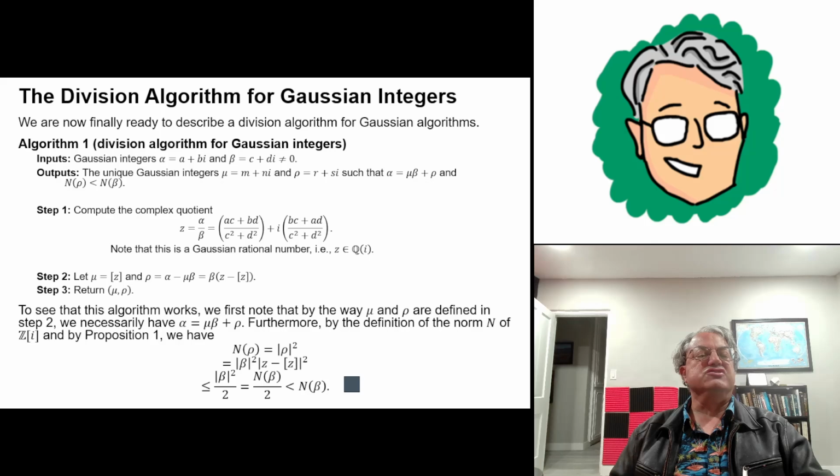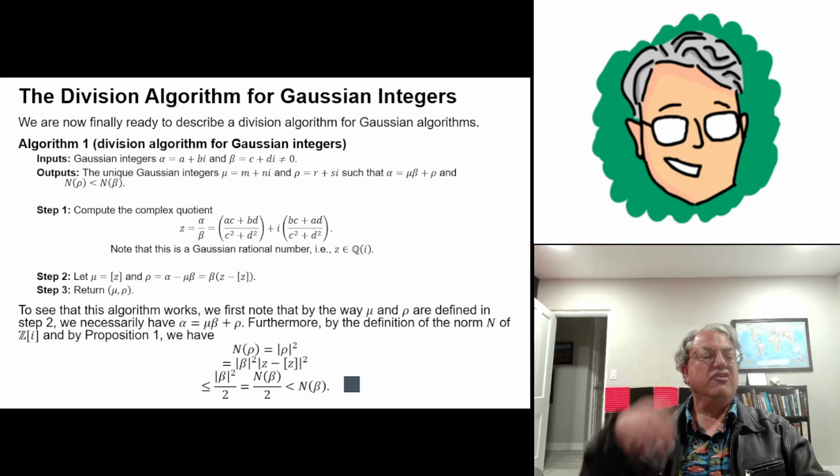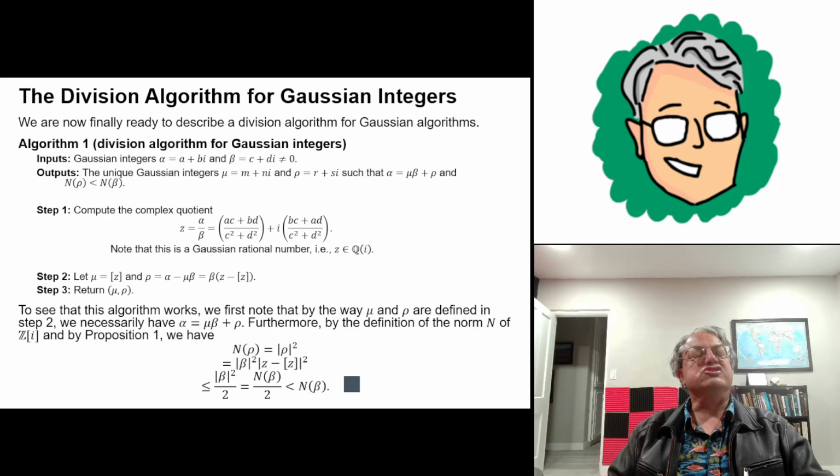So this is the division algorithm for Gaussian integers. Our input is two Gaussian integers, alpha and beta. Alpha is a plus bi. Beta is c plus di, which is non-zero, which means that c and d can't both be 0. And then the output is going to be these new Gaussian integers, which I'm calling mu and rho.